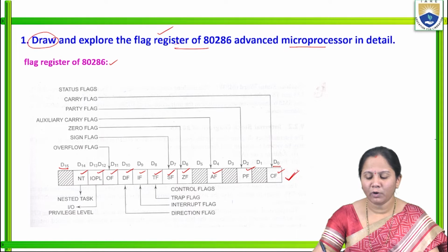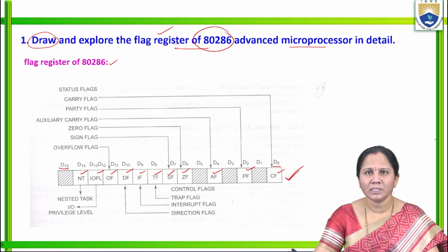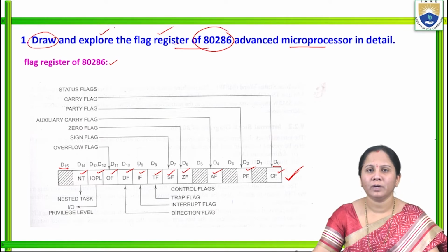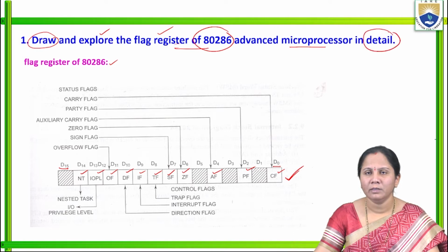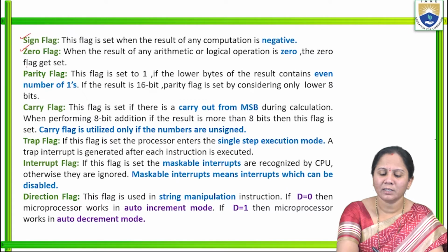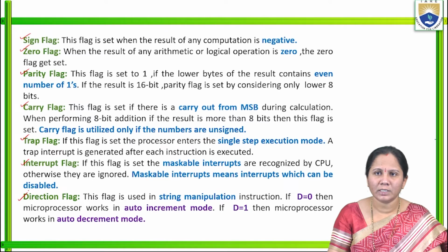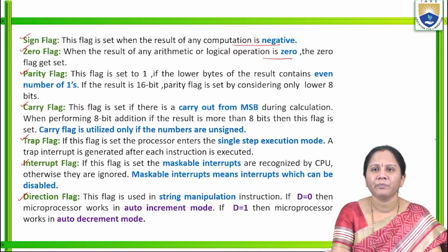So after drawing the format of this flag register of 80286, we should also explain about the function of each flag in detail. So here are the different flags that are available in the flag register format of 80286. In this we have discussed clearly when that particular flag is enabled.